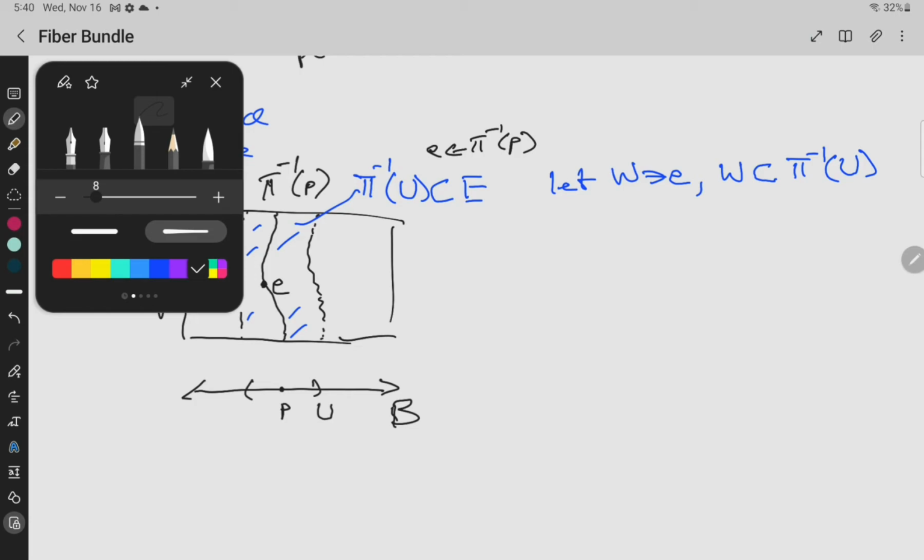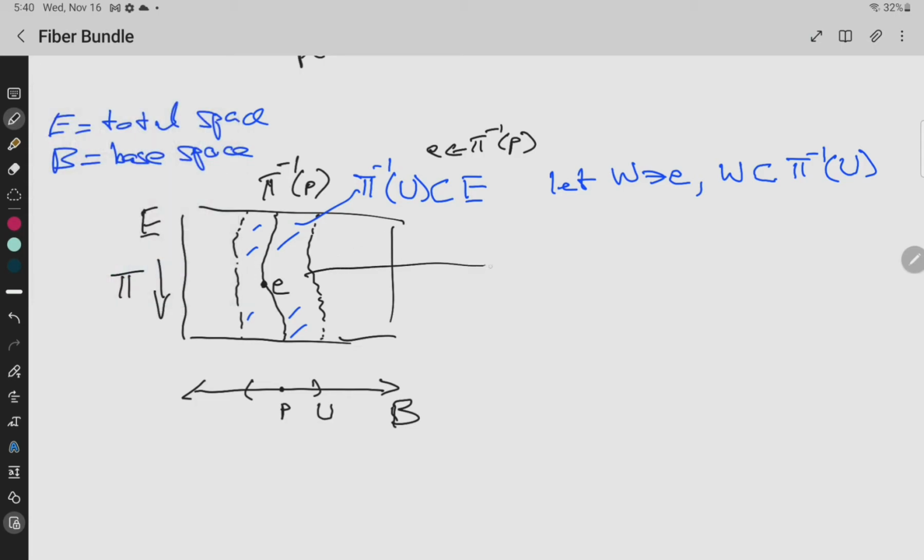I'm going to change color here. And here is my homeomorphism from the total space onto the Cartesian product of U and the fiber. F here is a fiber.